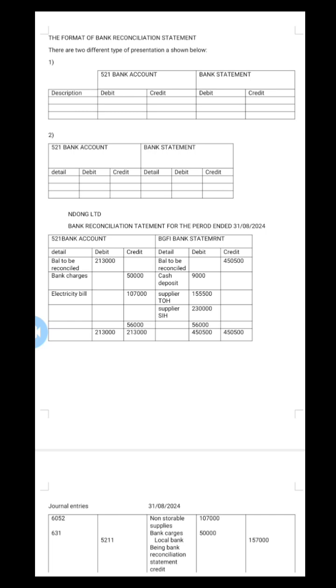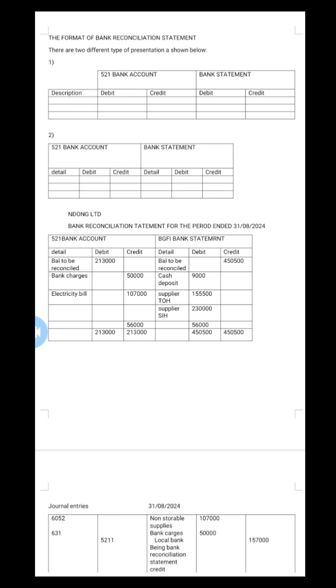And then on the other hand, we also had bank charges, which were unknown to the enterprise. And you know that bank charges are also reducing the bank account. And this bank account is just the same as the bank account in the double entry system, where it increases on the debit and decreases on the credit.